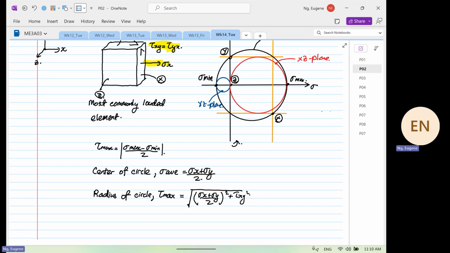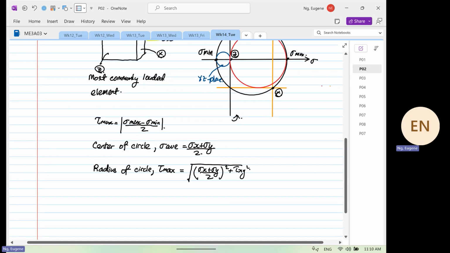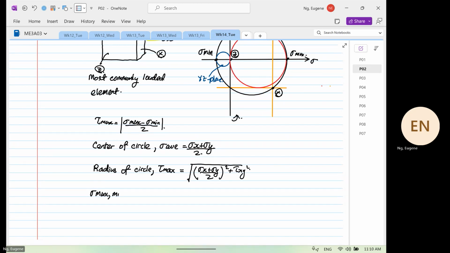So we know that stress max and stress mean will be equal to stress average plus or minus tau max. When that's the case, we're going to substitute everything into equation 1.